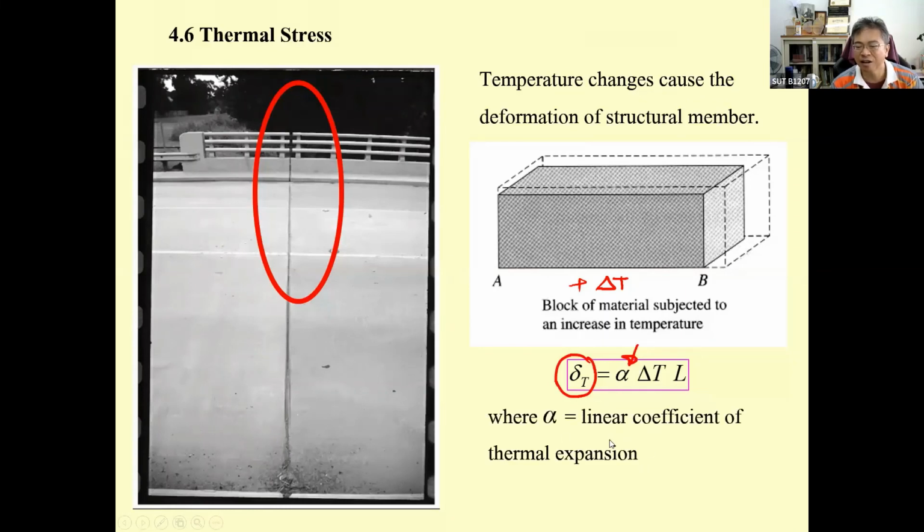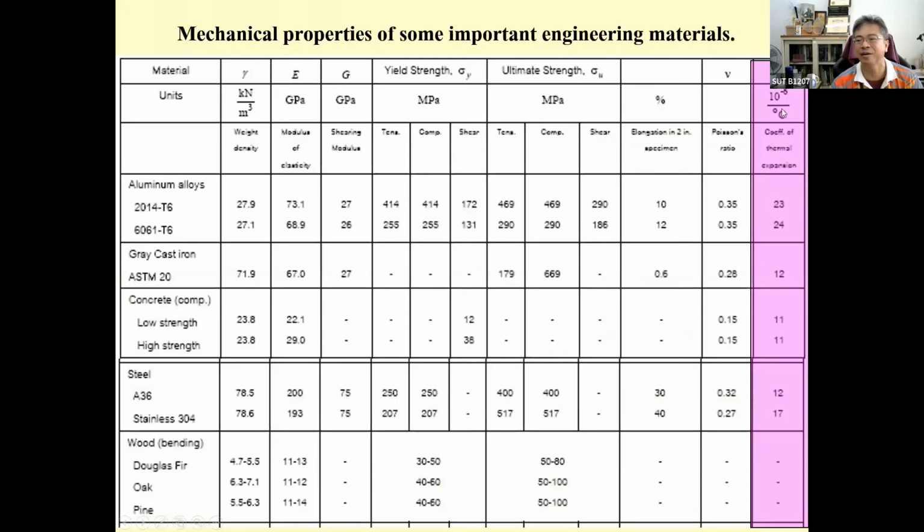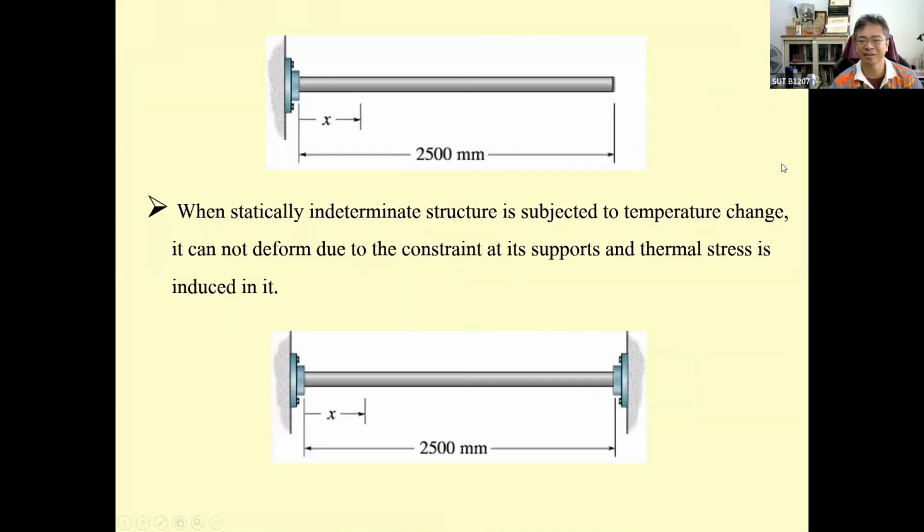And the coefficient of thermal expansion, you can take from the right column of this table. This is just to show you that if the structure is free, okay, this has a free end, when the temperature changes, this free end can move freely. There are no stresses.